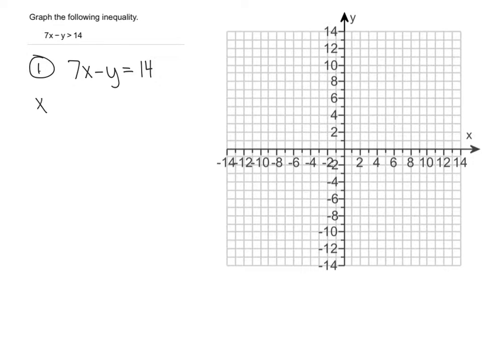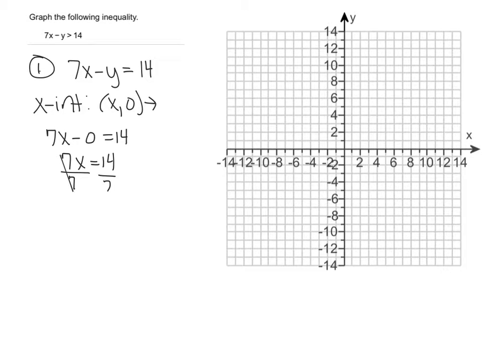So I'm going to find the x-intercept, and to do that, we're just going to substitute a 0 for y. So I have 7x minus 0 equals 14. So 7x equals 14. And then we'll divide both sides by 7, and we get x equals 2. So the x-intercept is 2, 0.